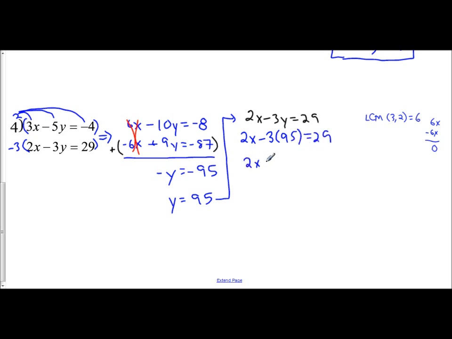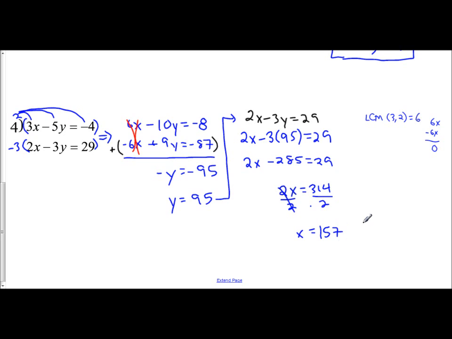And so you get 2x minus 285 equals 29. You're going to add 285 to both sides, which gives you 314. And then divide by your coefficient, divide by 2, and x equals 157.